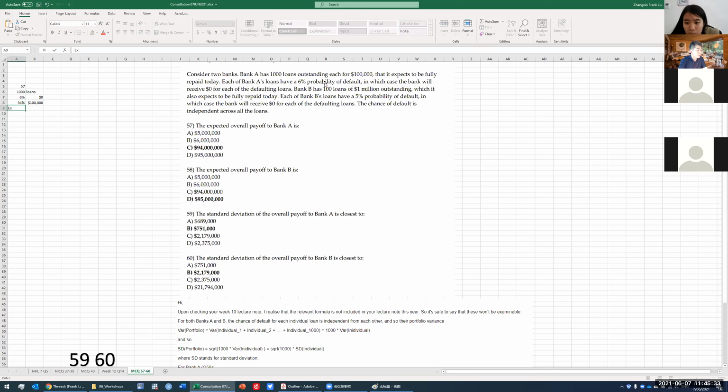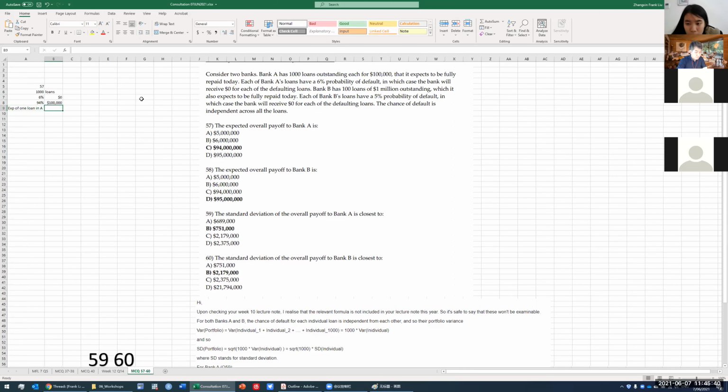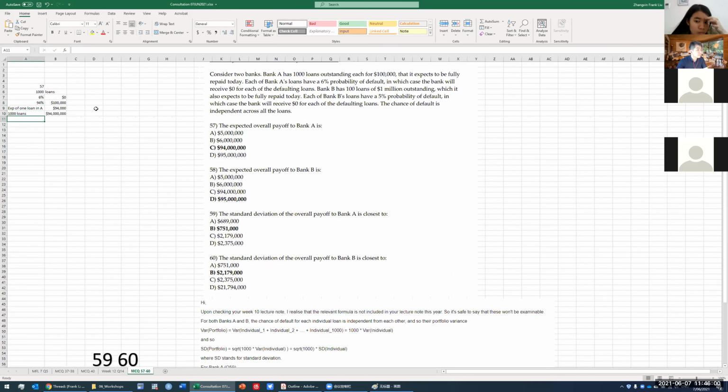So the expected value of one loan in A equals the probability of default times the outcome plus the probability of not default times the outcome. And given they are independent, you have 1,000 loans, so that equals that times 1,000. And where do I get this formula?